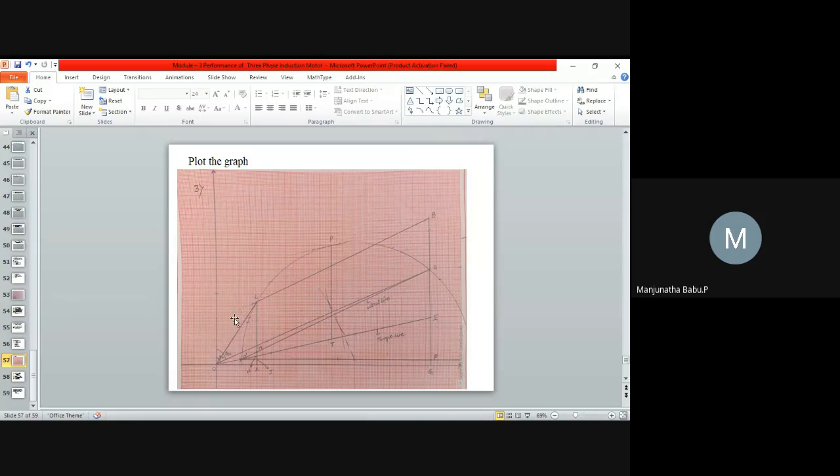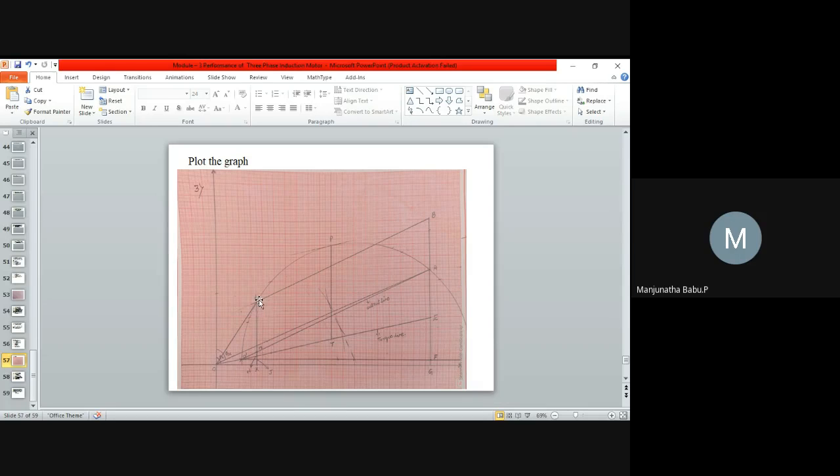Next, if I measure the angle from the y-axis to line OL, we will get the full load power factor. 33 degrees I am getting. So cos of 33 will be 0.84 lagging. That is the power factor. Now next, to find the slip, slip will be equal to Mn divided by Ln.